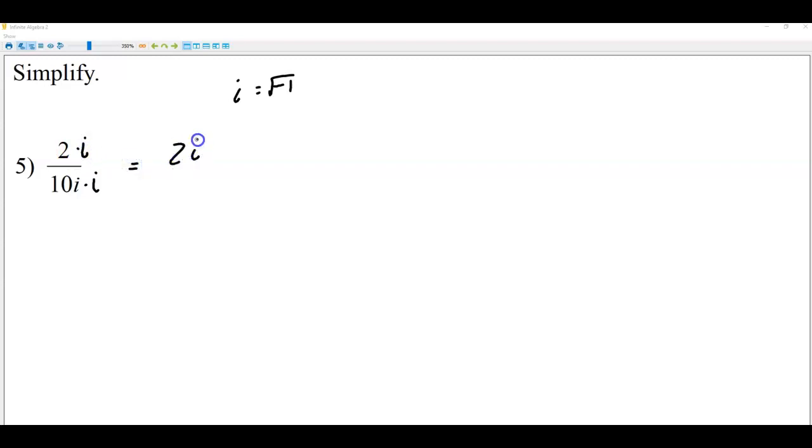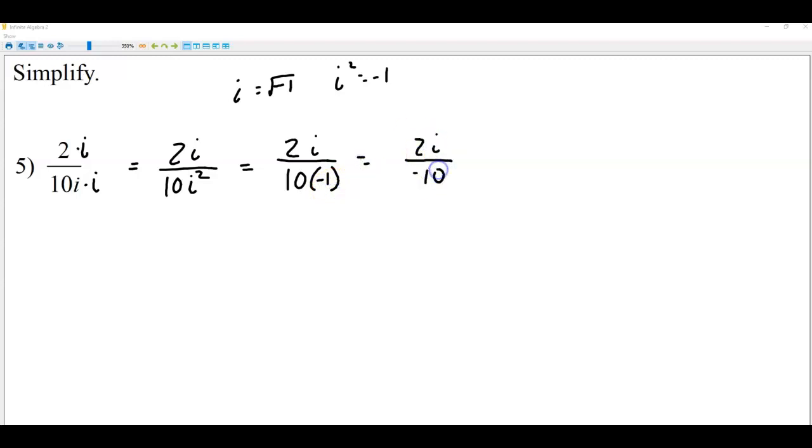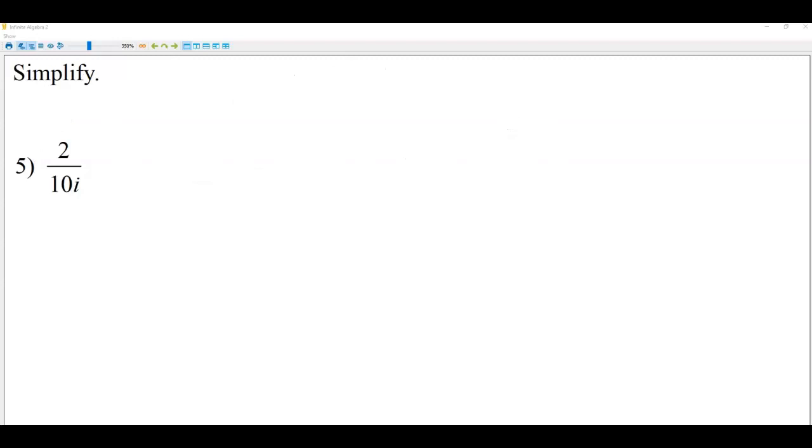So the top now will be 2i, and the bottom will be 10i squared. And as we mentioned on the last page, i squared is equal to -1. And so I've got 2i over -10, and we can reduce 2 over 10 to be 1 over 5. Okay? So the main thing I want you guys to know is this. The rest of it is just simplifying fractions.